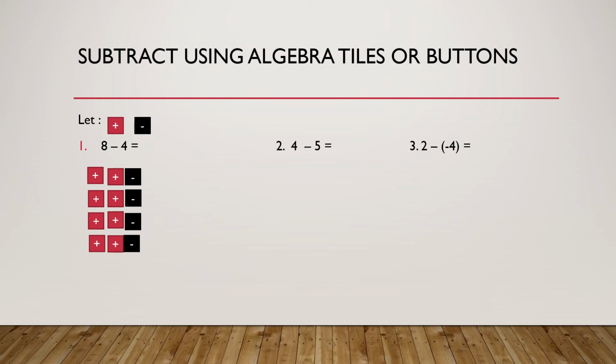Then we take away the pairs, because a positive and a negative pair is 0. How many positive tiles are left? 4.